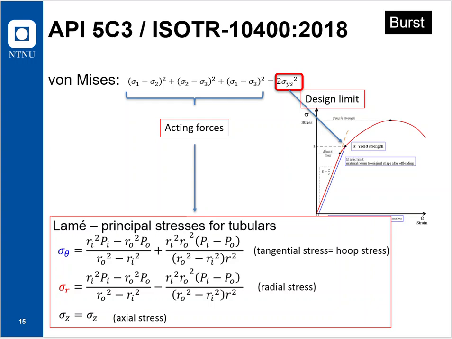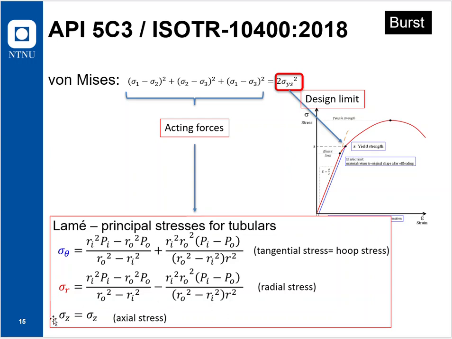When it comes to burst, the acting forces, we know these are the Lamé principal stresses for tubulars. Inner radius, inner pressure, outer radius, outer pressure, and for R we always use the inner radius, basically because theoretically the highest stress level always occurs on the inside of the pipe.